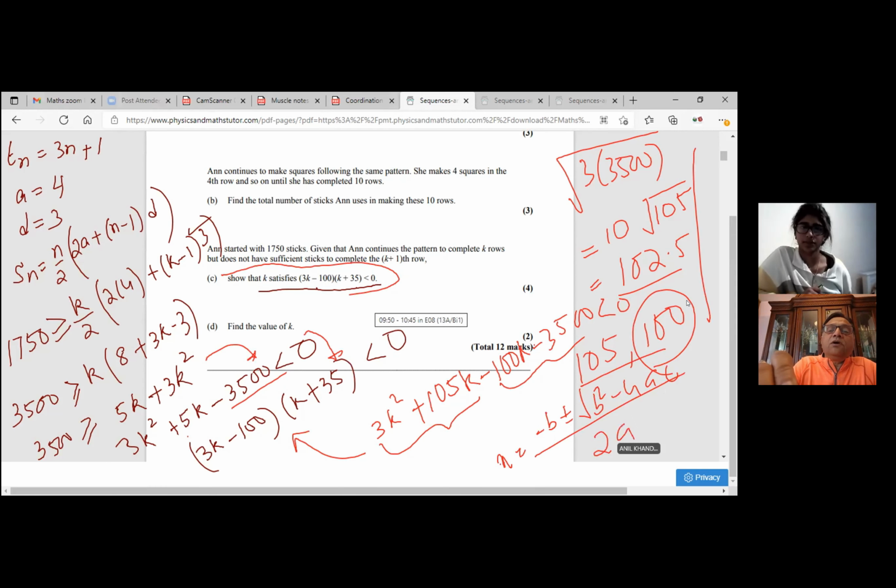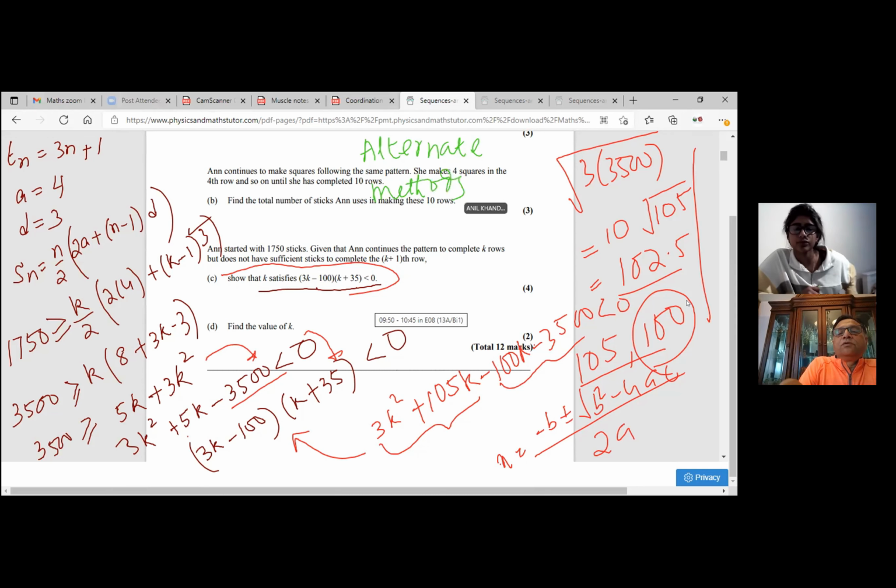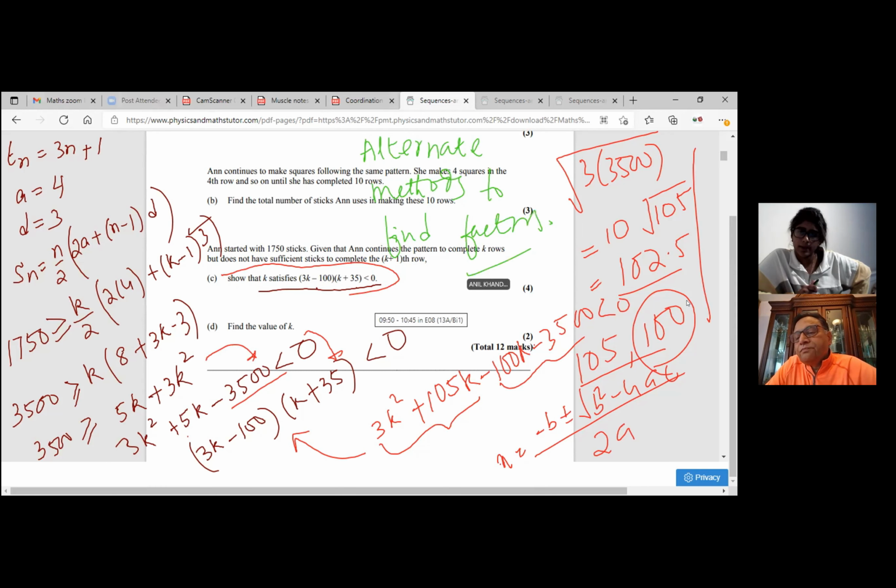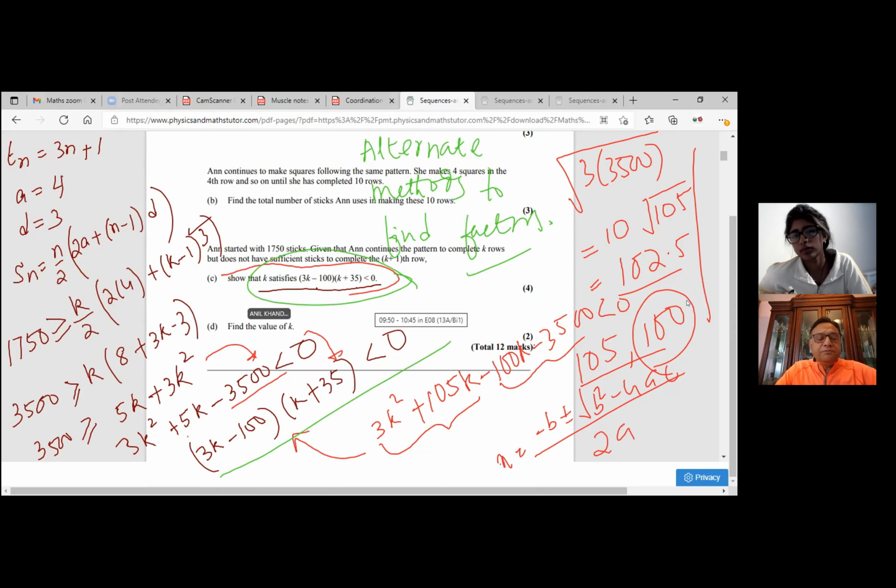So these are the alternate methods to find factors. Does it make sense to you? Very clear, very fast, and you get the same result. As you can see, we have the correct answer. That is how you're going to do it.